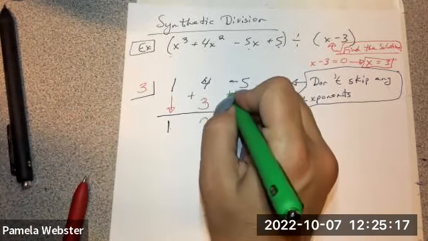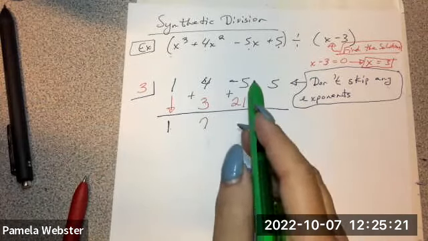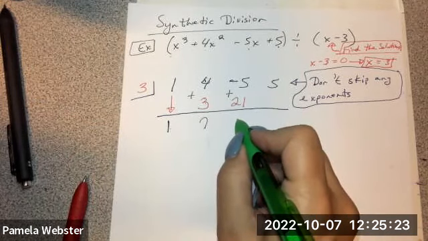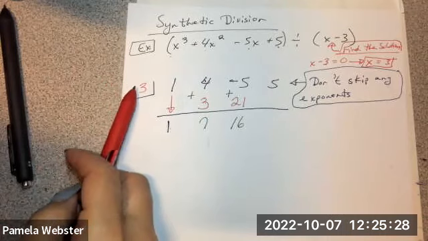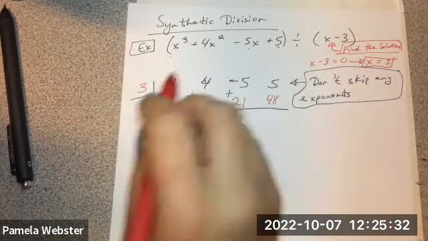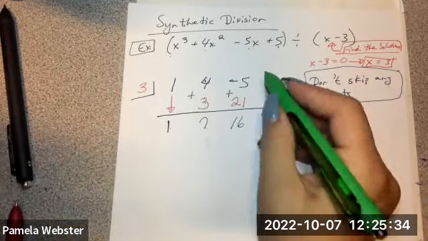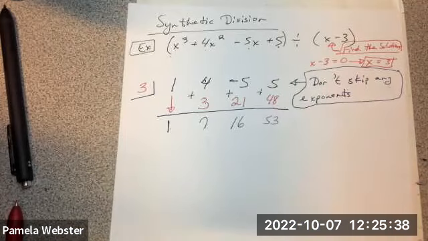So it's just multiply, add, multiply, add, multiply, add. So 21 plus a negative 5, that's 16. Okay. Now multiply 3 times 16, that's 48. And add. Okay. 48 plus 5, that's 53. Okay. So that gets me through the process of doing the synthetic division.